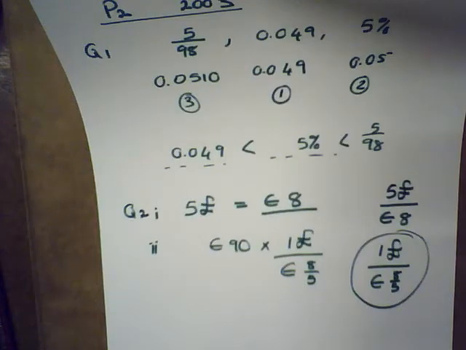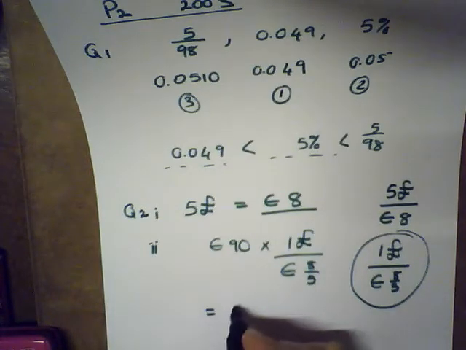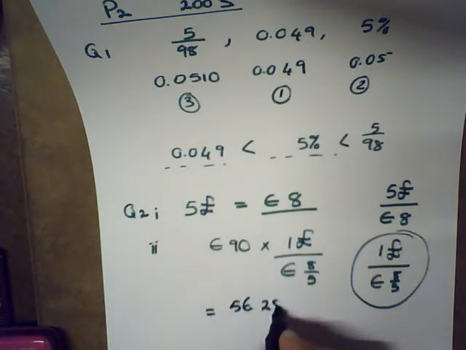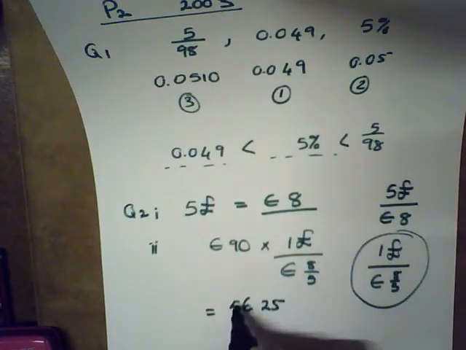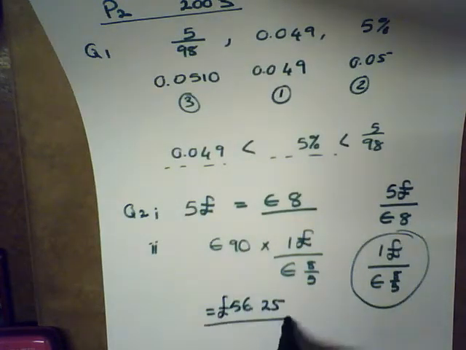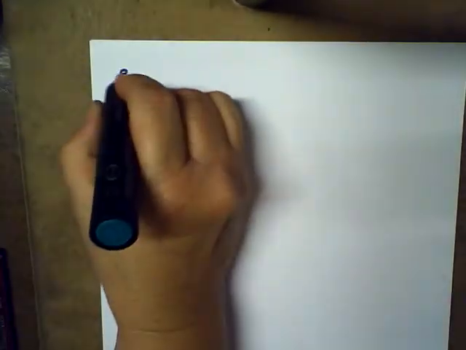Sorry about that, my fingers are a little bit slow, and that would give us 56.25. Okay, 56.25, and that would be in terms of pounds. Okay, good. So let's go on. That was question 1 and question 2. Let's move on to question 3.